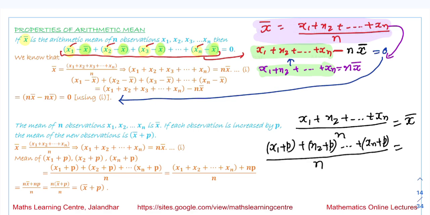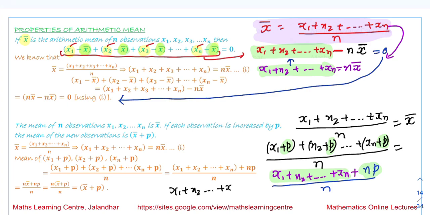So we can write this as x1 plus x2 plus so on up to plus xn, plus n times p, over n, since p appears 1, 2, n times. Now look at these two terms. We can write it as x1 plus x2 so on up to xn over n, plus n p over n, having separated these two terms.